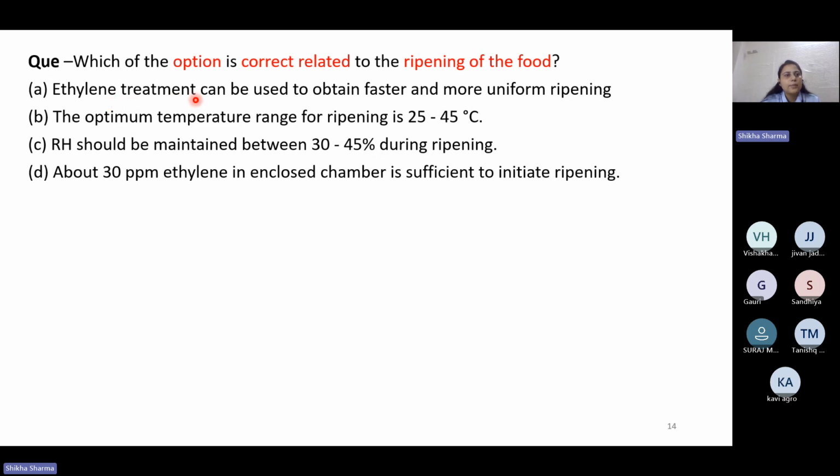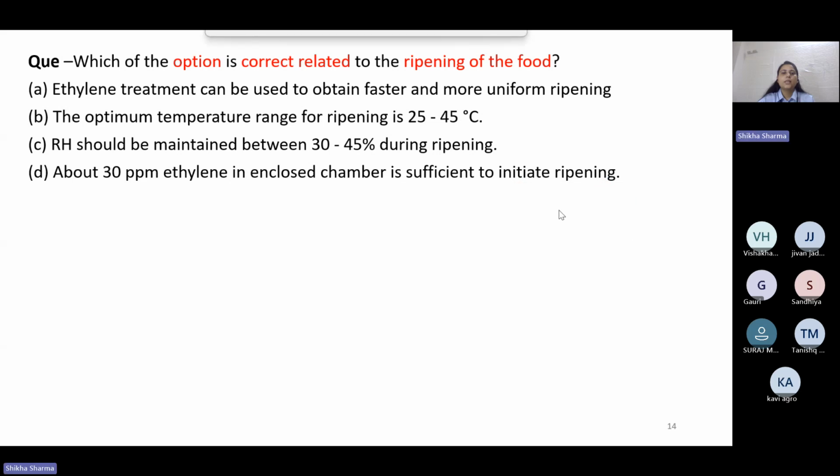Let's see. Ethylene treatment can be used to obtain faster and more uniform ripening. Second is saying the optimum temperature range for ripening is 25 to 45 degrees Celsius. Third is saying RH should be maintained between 34 to 45% during ripening, and ethylene at 30 ppm in the enclosed chamber is sufficient to initiate ripening.